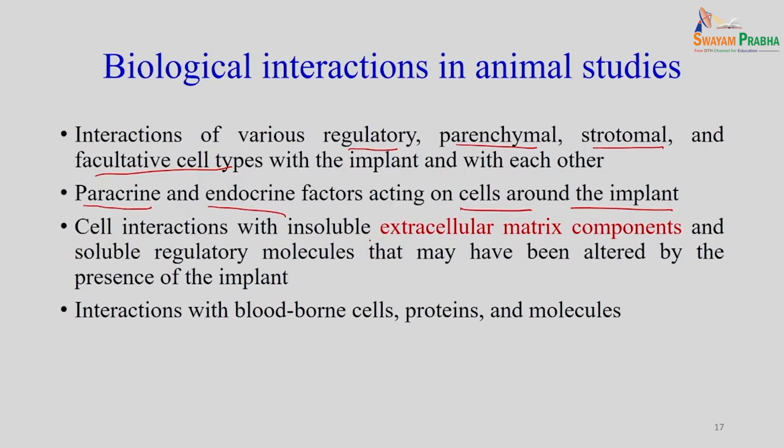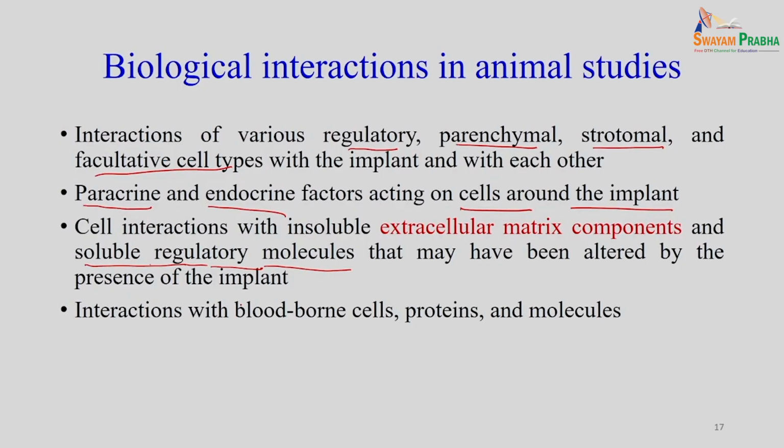Then we see the cell interaction with the ECM components, and apart from the ECM components we also see the soluble regulatory molecules, because in many cases if you go for an implant, these ECM proteins or regulatory molecules are altered by the presence of the implant.